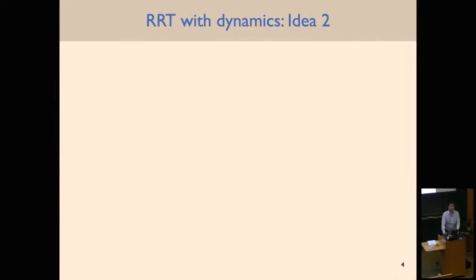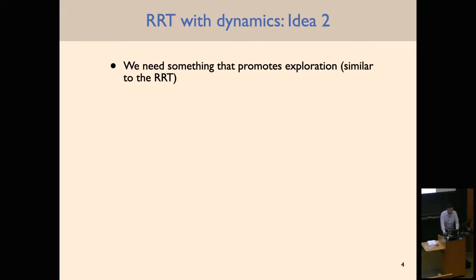Okay, so let's try to modify the RRT again to fix this problem. We need something that promotes exploration, similar to the RRT. The key step in the RRT algorithm that promotes exploration is that we're randomly sampling some direction to explore from the boundary of the tree.